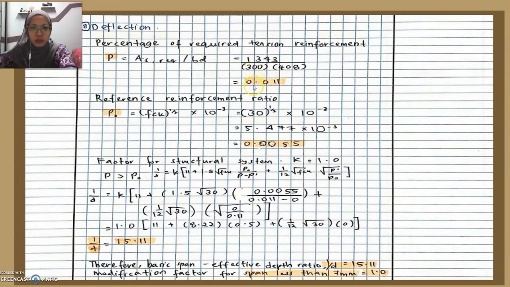Okay, next we go to the deflection. rho equal to 0.011. rho naught, we got the answer 0.0055. So the factor for structural system, we get the answer L over d is equal to 15.11. Therefore, basic span effective depth ratio L over d is equal to 15.11. Modification factor for the span less than 7 m, we get the answer equal to 1.0.